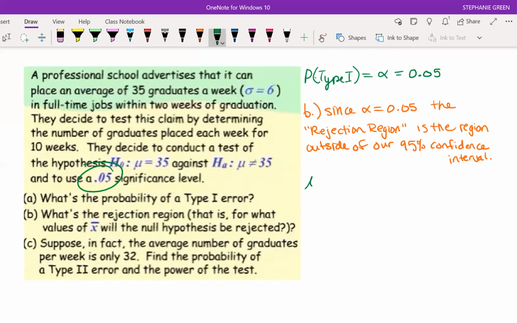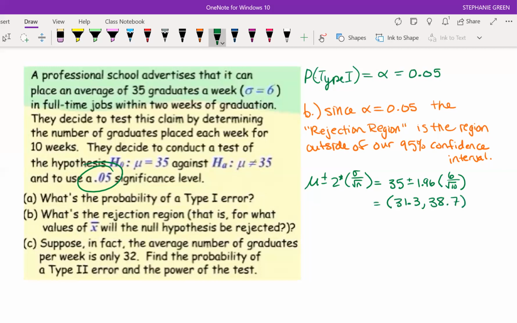So I take my mean plus or minus my critical z star times the standard deviation, which for this one, the mean is 35. A 95% confidence interval, so we use the critical z-score 1.96. Standard deviation of our population is 6. Our sample size is 10. And so we end up with a confidence interval from 31.3 to 38.7.